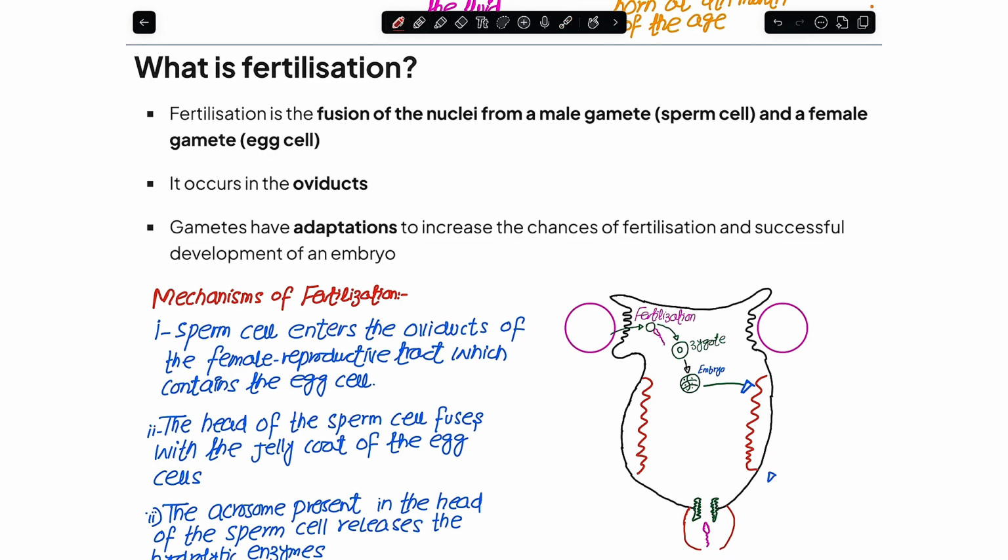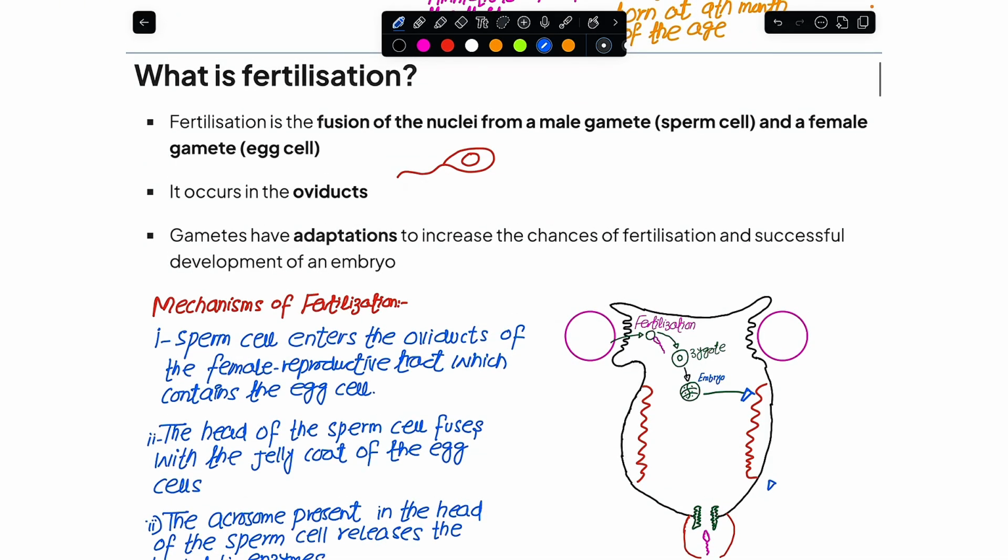Fertilization is simply when the nucleus of the sperm cell, carrying the genetic information from the male parent, fuses with the egg cell produced in the female reproductive tract. This fusion of the male gamete and the female gamete is what we call fertilization.